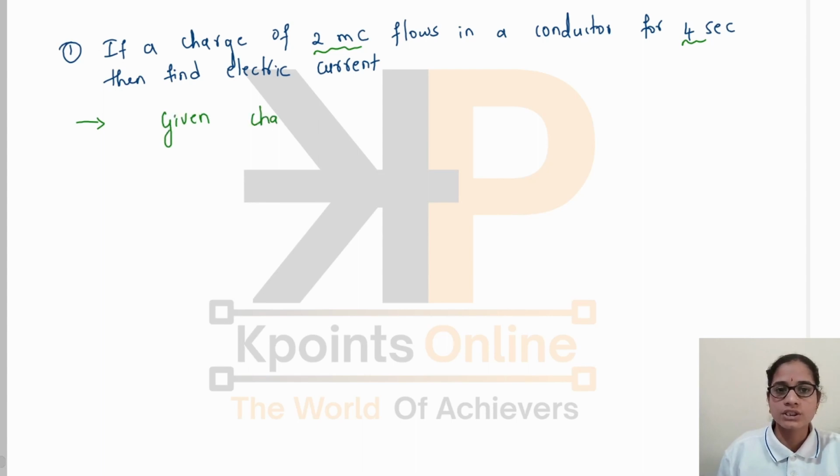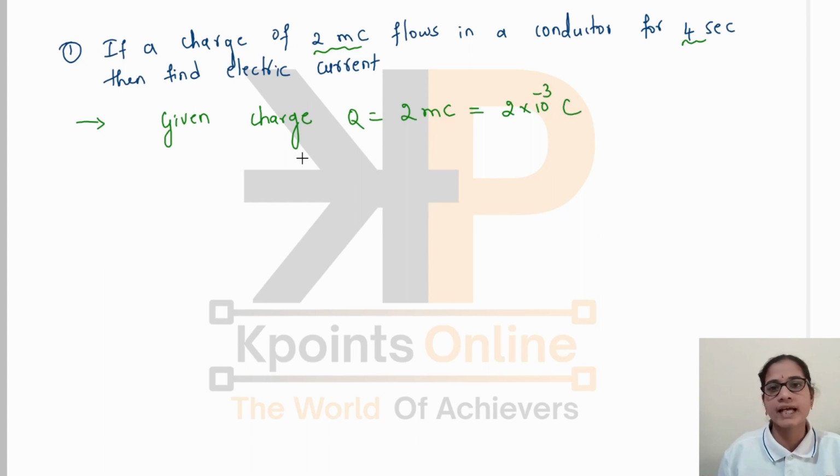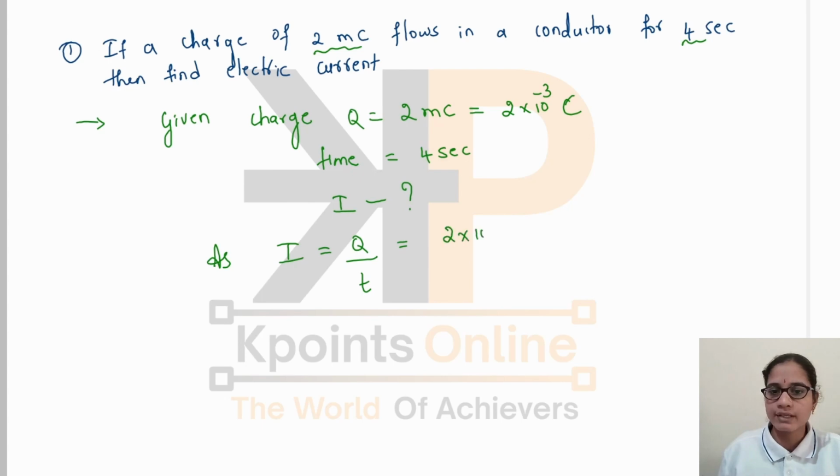Given charge Q is equal to 2 millicoulomb, which is equal to 2 into 10 raised to minus 3 coulomb. We have to convert it into coulombs. Then time given is 4 seconds. We have to find out here the current. We know the formula as I is equal to Q upon T. Q is 2 into 10 raised to minus 3 coulomb and T is 4 seconds.